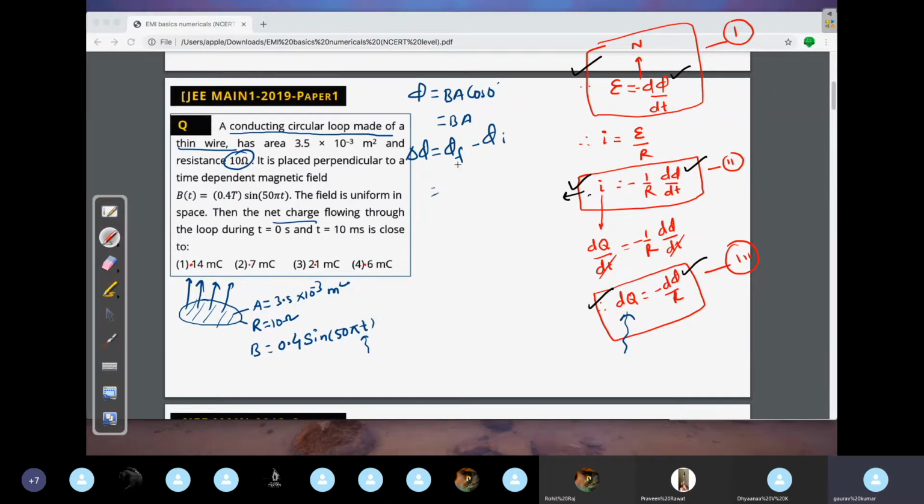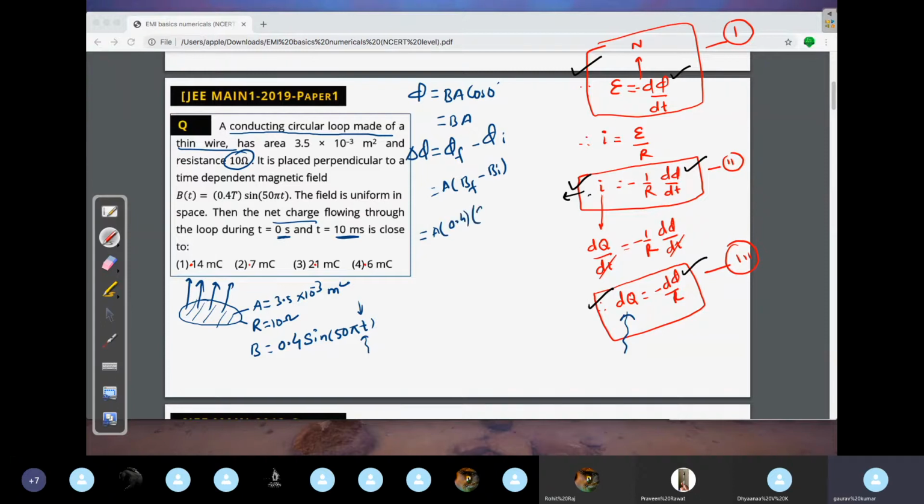A is constant. So B final minus B initial. The area is 3.5, but I will keep it as A only. What is B final? In place of t, you put 10 milliseconds, and initial t is 0 seconds. So we'll get 0.4, I can take 0.4 outside.